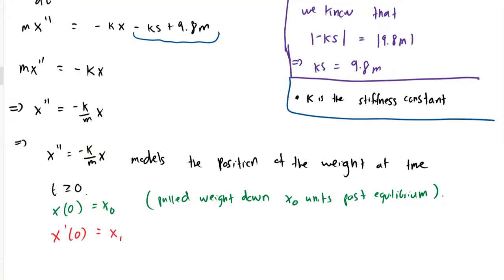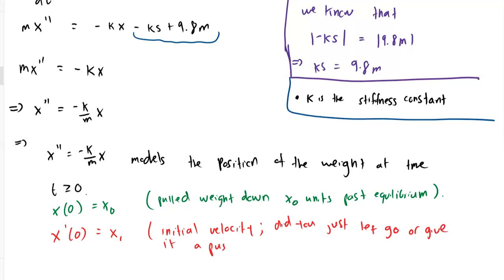I might change this notation later, but basically this is initial velocity, which means you just let go or you give it a pull or push. If you just let go, the initial velocity is 0. And this is our model.